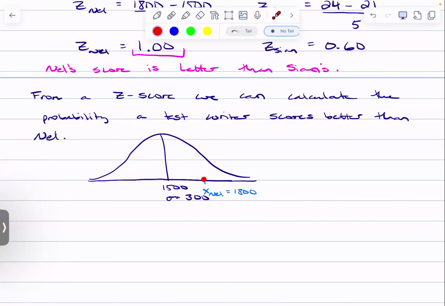And so the area under the curve, if we draw a line here, we can find the probability that someone scores lower than Nell, and we can find the probability that someone scores higher than Nell. And so here, if we want the probability that a test writer scores better than Nell, then the area that we want is going to be this area. I usually put a little question mark there just to indicate that that's what I'm looking for.